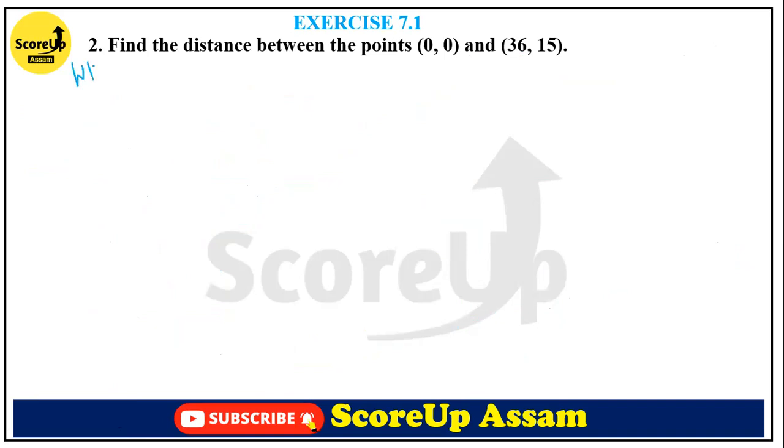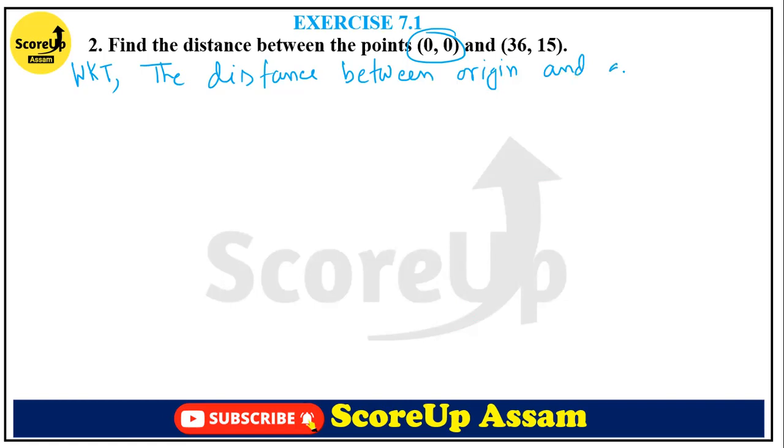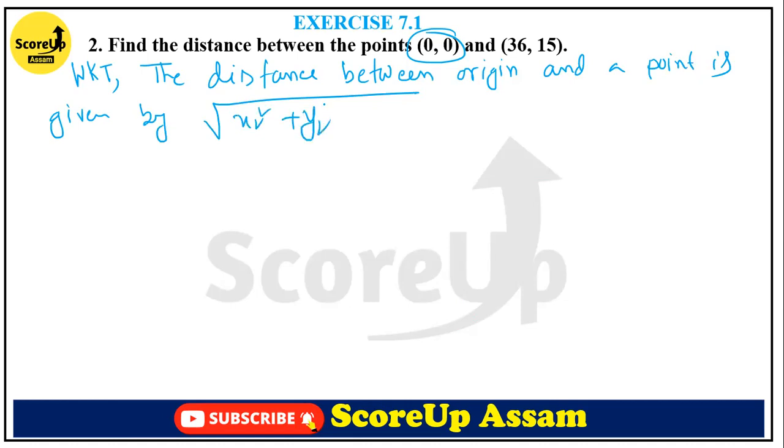We know that, WKT means we know that, the distance between origin (0, 0) and a point is given by root over x square plus y square.